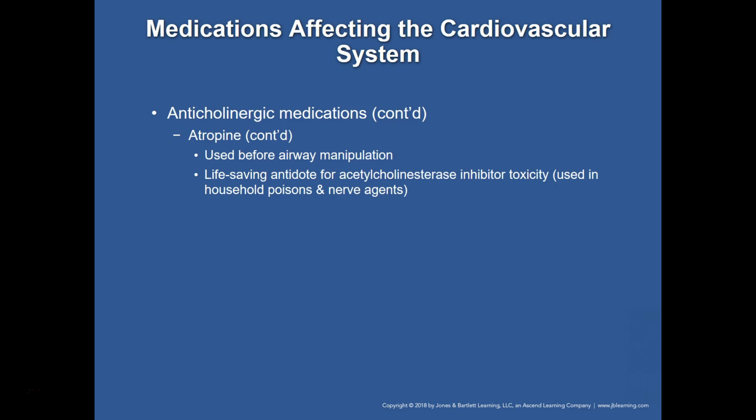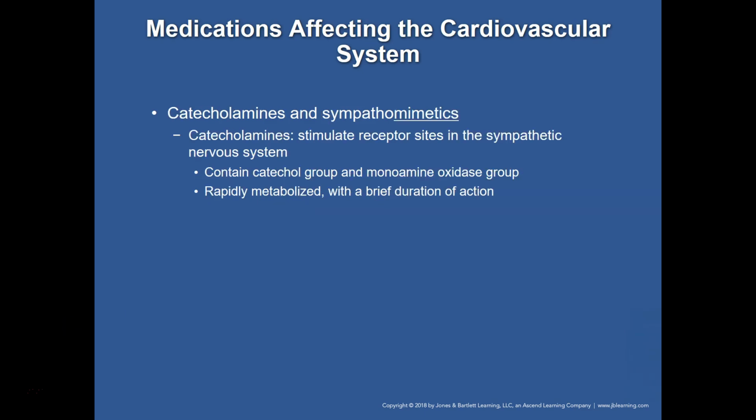I would recommend not just prophylactically giving somebody atropine unless there is some predisposition to them becoming bradycardic whenever they're intubated. It is also a life-saving antidote for acetylcholinesterase inhibitor toxicity, which is found in household poisons and nerve agents. So that's the antidote for those.